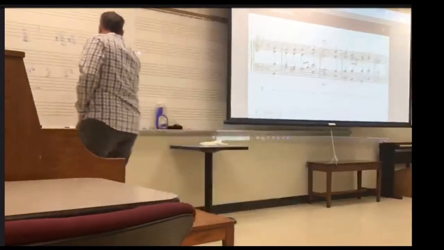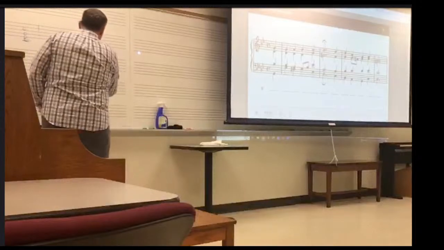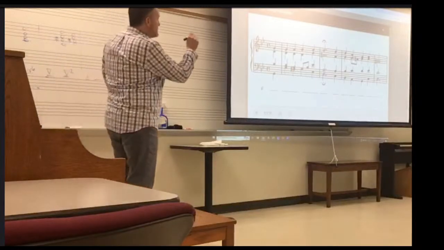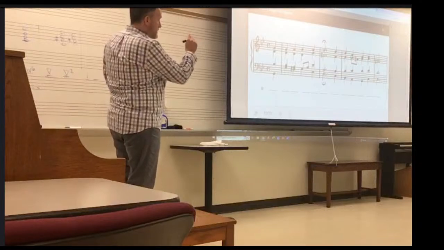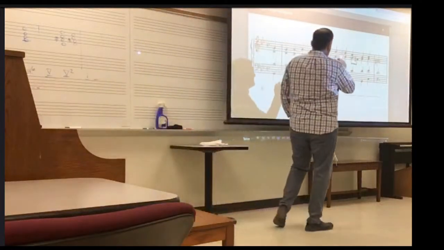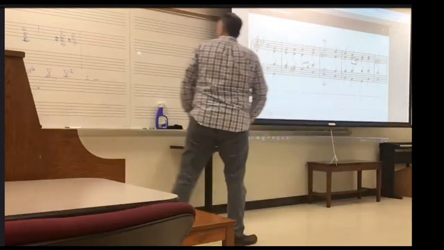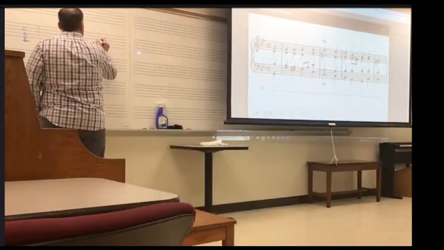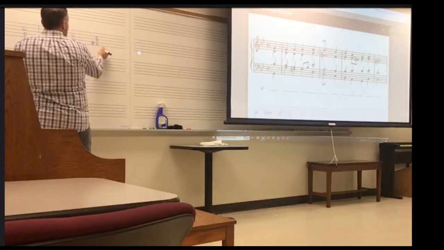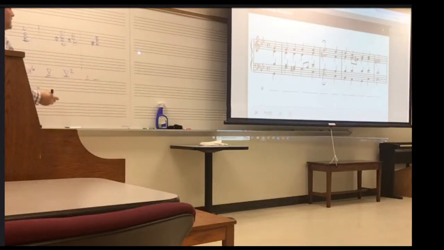Then we have A, C. We're told not to analyze the G. So A, C, F sharp, C. A, C, F sharp, and C. So it looks like F sharp's my root. What scale degree is F sharp in the key of G minor? 7.